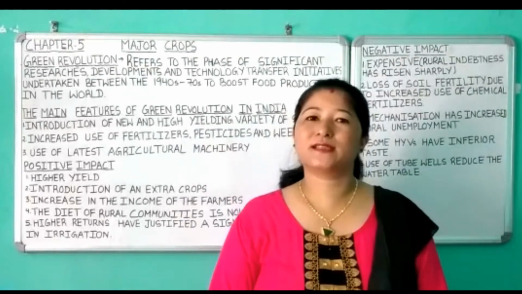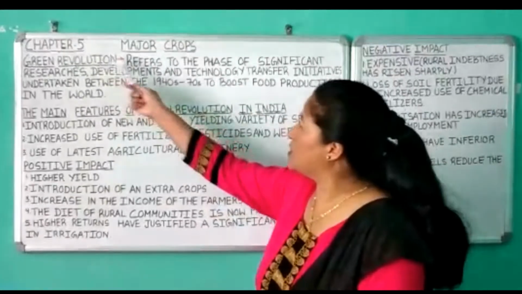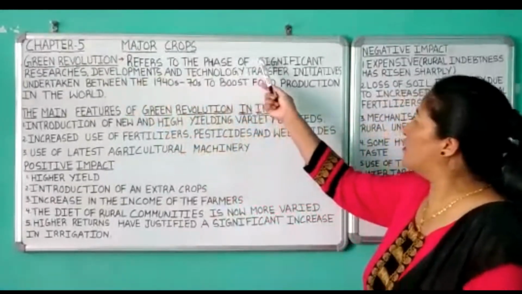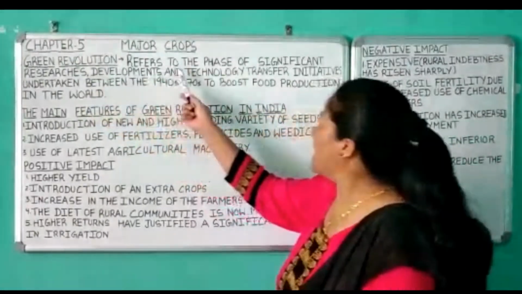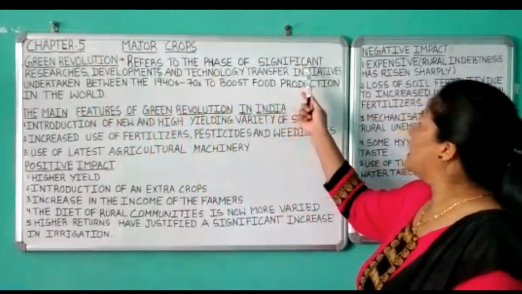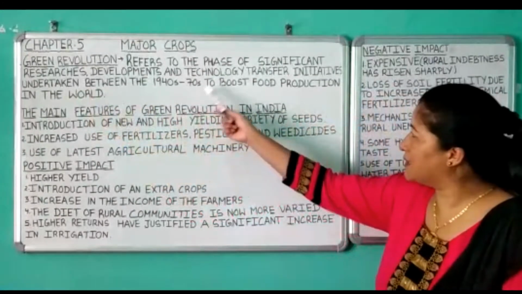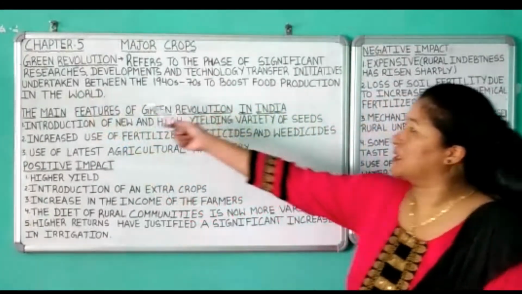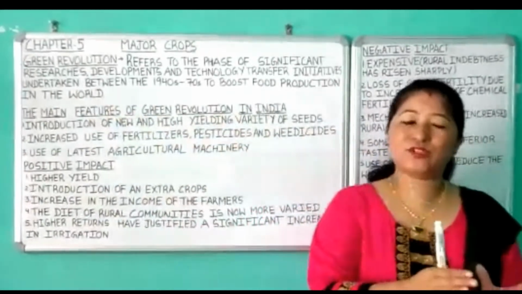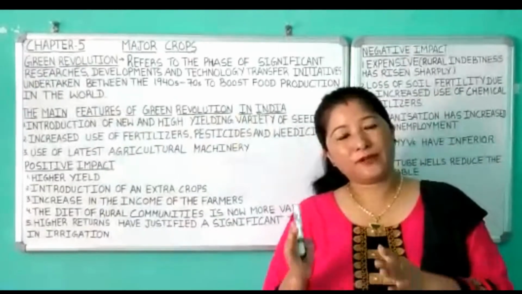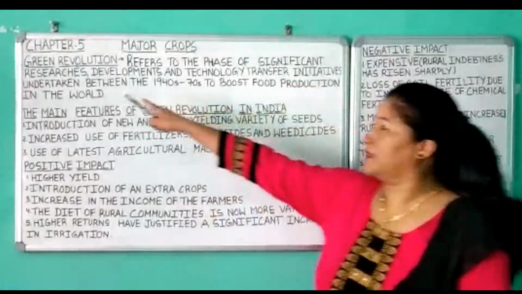So now let us see what you mean by Green Revolution. Green Revolution refers to the phase of significant research, development and technological transfer initiatives undertaken between the 1940s to 1970s to boost food production in the world. The main intention of this revolution in the field of agriculture was to increase food production in the world.